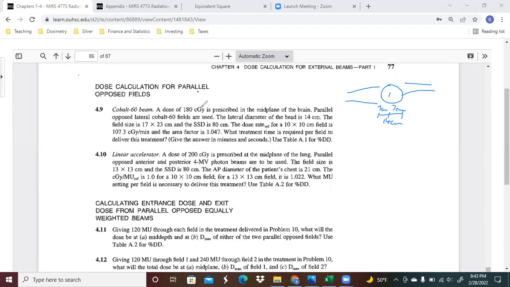Well, let's take a look at this. What we are going to need is the dose delivered by the beam.